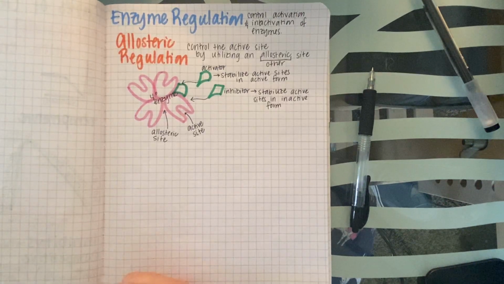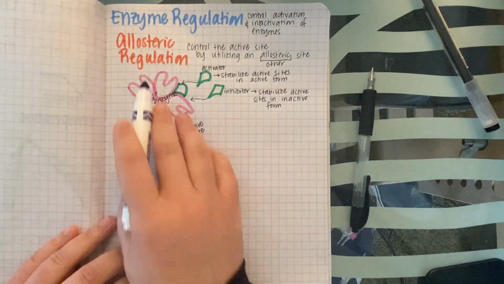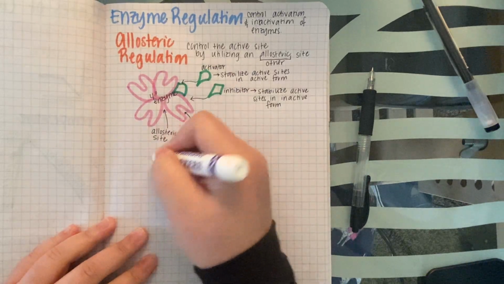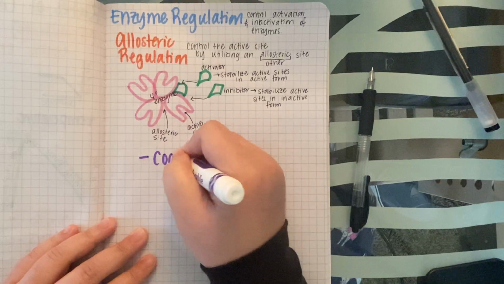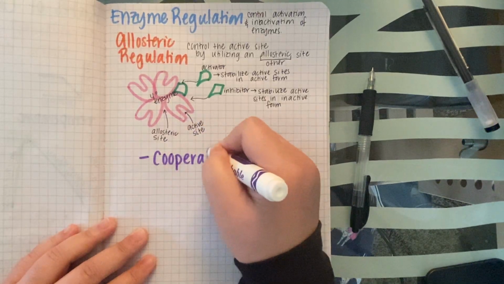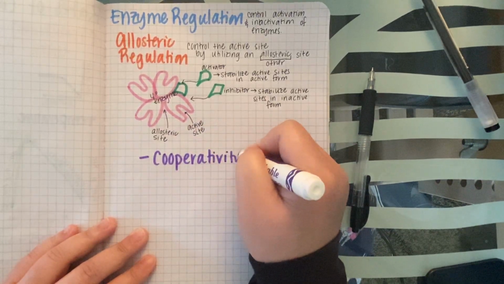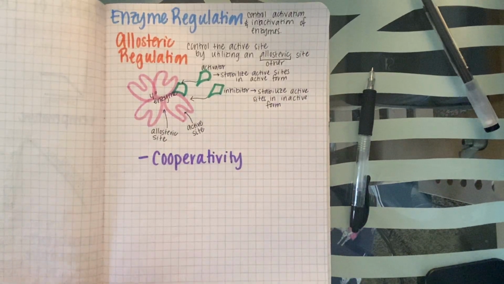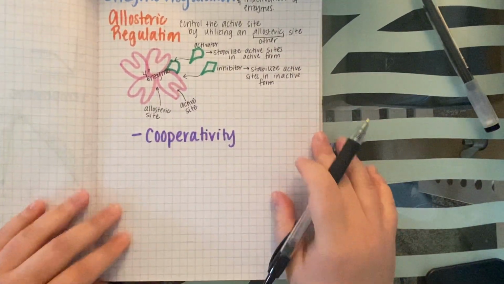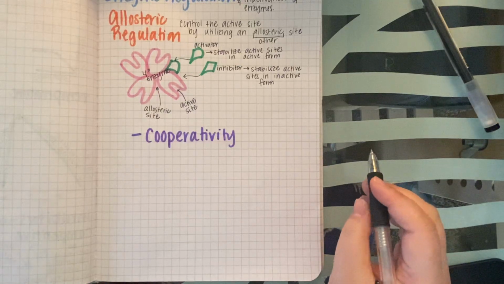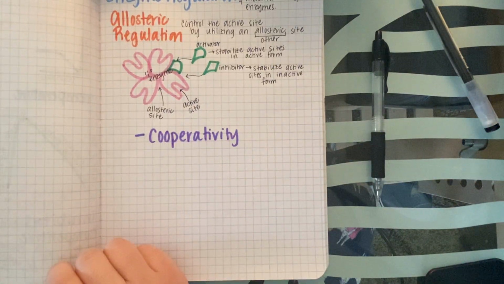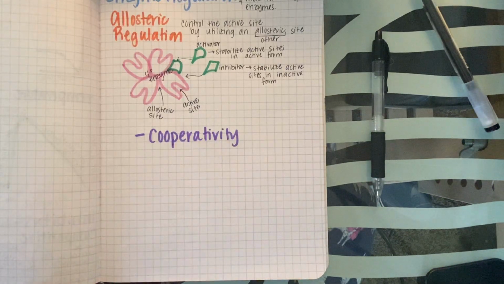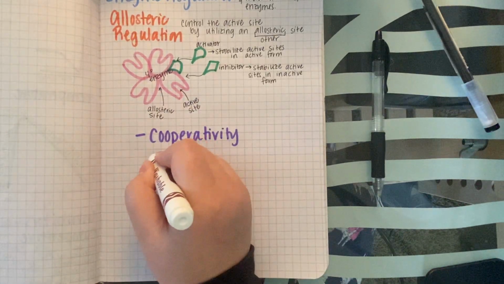The last thing we're going to talk about is there's a specific type of allosteric regulation, and it's called cooperativity. So we're going to kind of indent a little. And what cooperativity is, it's when enzymes in a complex cooperate. So you're gonna have, once again, a complex of enzymes. Let's draw 4 enzymes together.